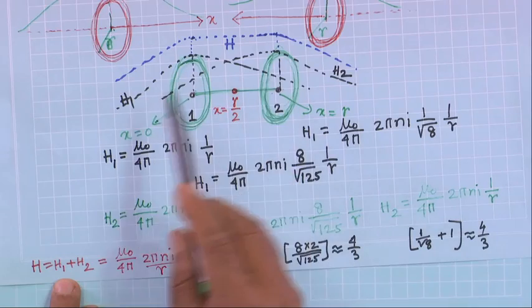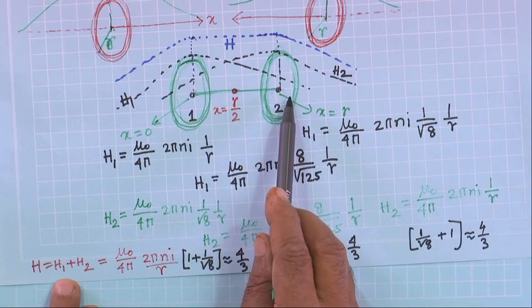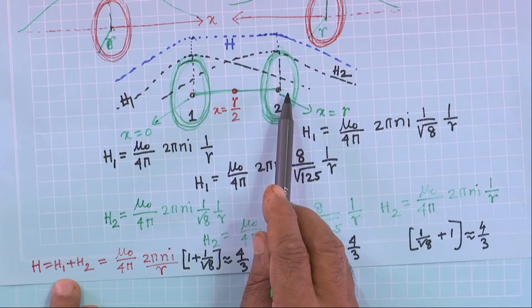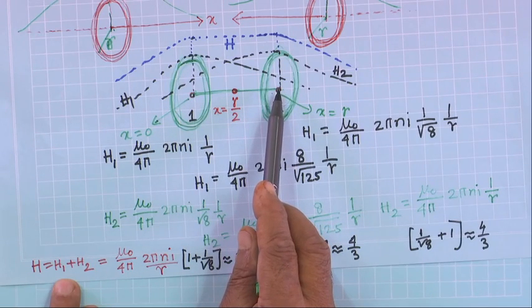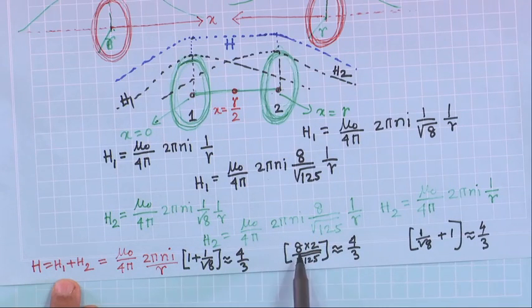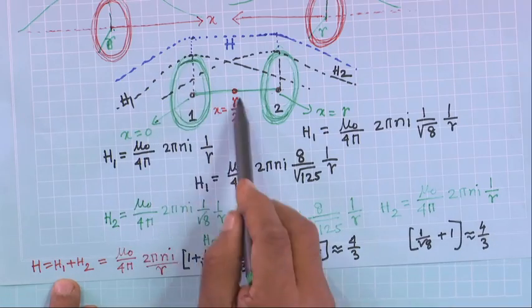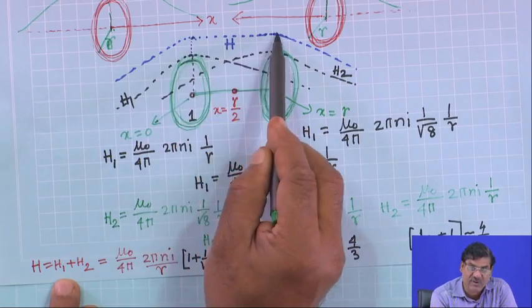You can see, when these two coils are placed at distance r, then the field between the centers of these coils is the same. It is basically the summation of these two, so you will get a uniform field between these two.